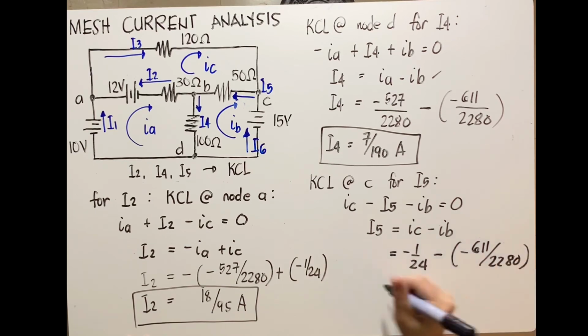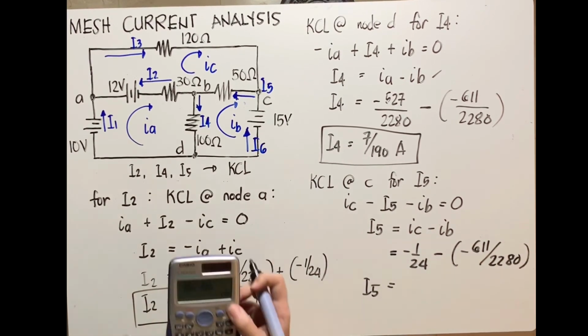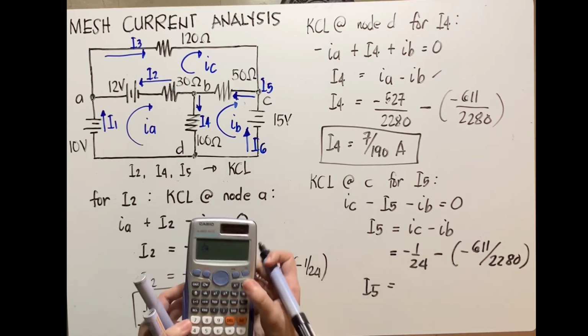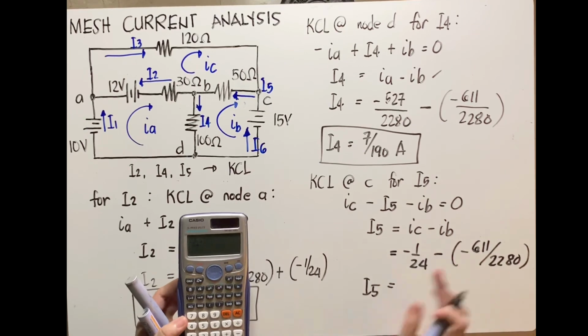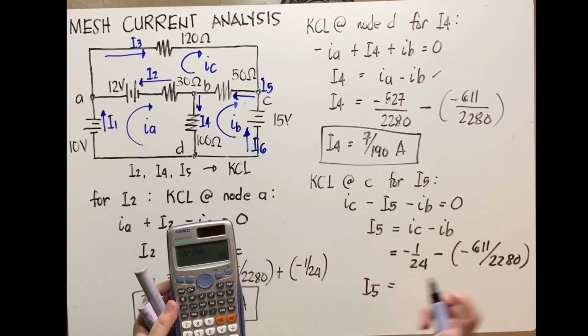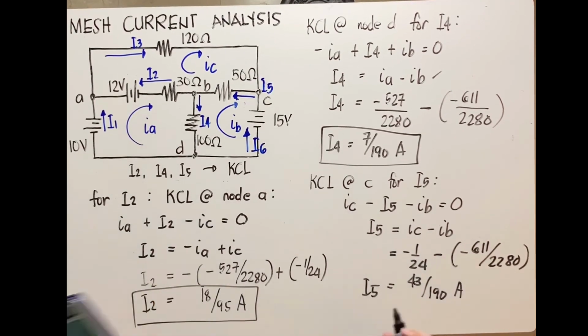We will be able to solve for I sub 5. And we get our calculator for that. We have negative 1 over 24. Plus na, positive na. 611 over 2280. So that's 43 over 190 amperes. And that completes our answers.